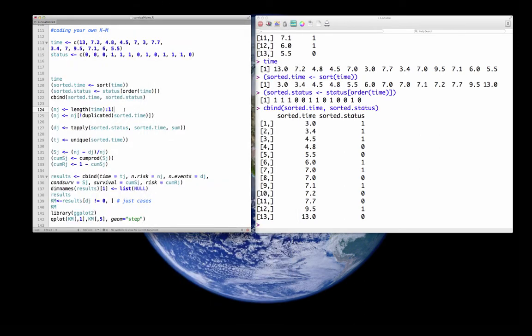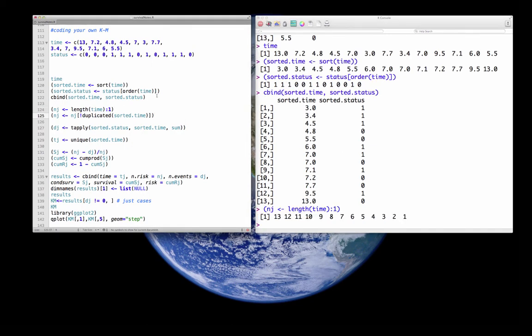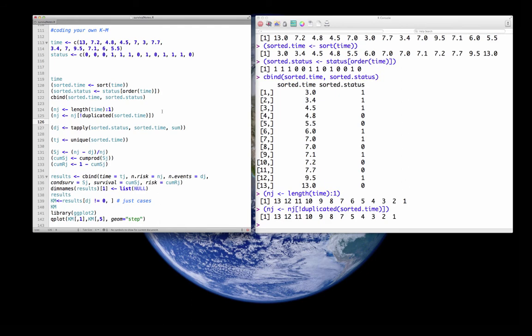We create first a length variable, which is essentially the indexing down from the 13th observation to the first observation. And we want to make sure we remove any duplicated times, because we're only interested in the time. So in this particular data set, there was only one time period, 7 and 6 time period, where is it right here?